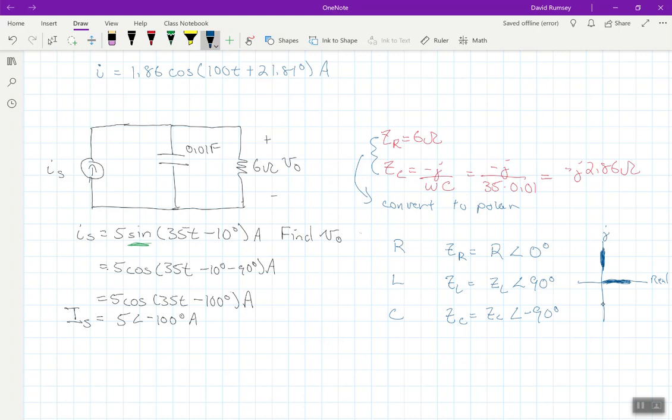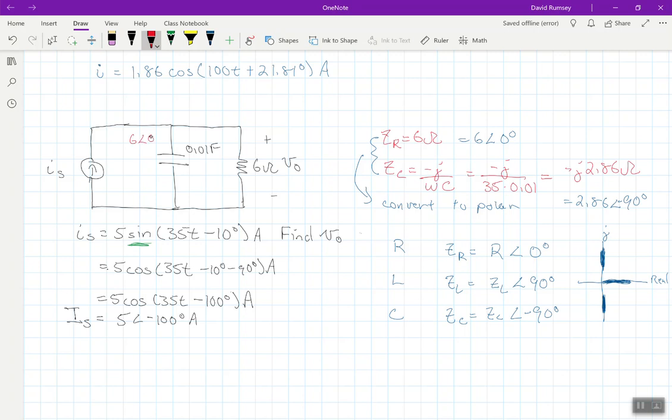And a capacitor is negative J over omega C. Well, negative J is always going to be on the lower portion of the J axis there, so that's always going to be minus 90 degrees. But you could put this little table down as well to help. So that actually makes converting these to polar form really easy. That's just 6 at an angle of 0 degrees, and this is just 2.86 at an angle of minus 90 degrees. So let me write those in here.